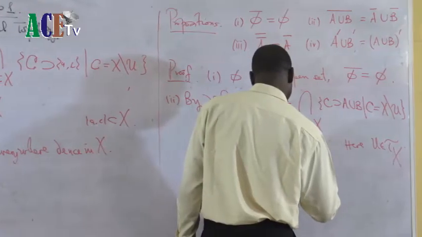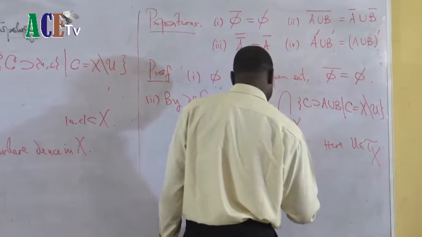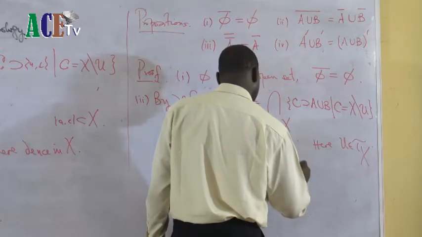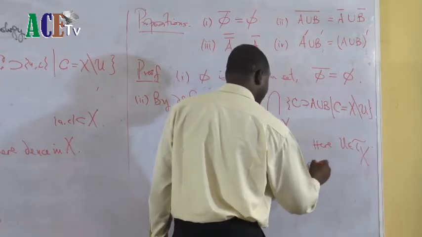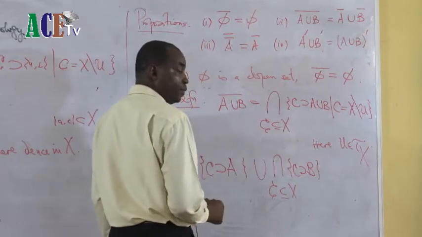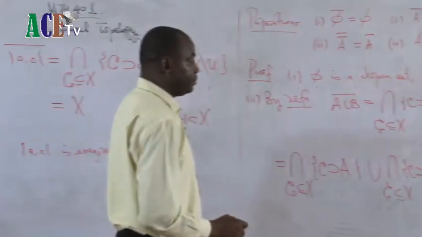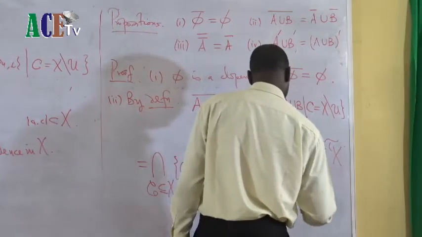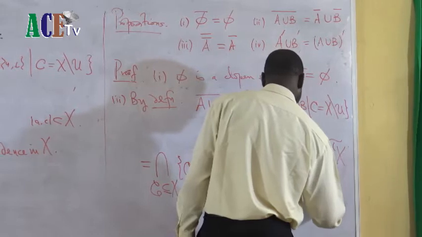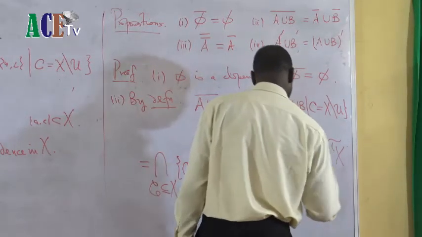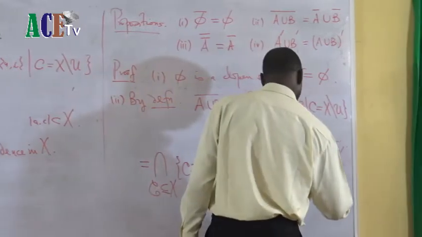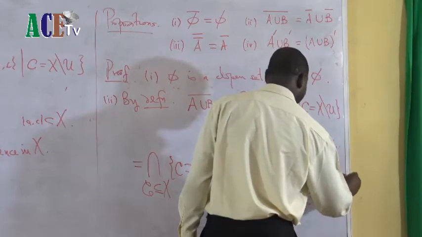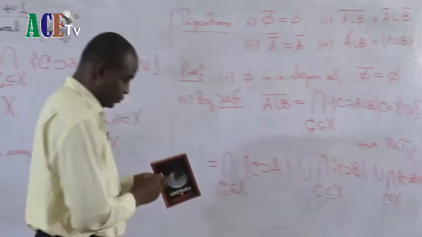So you have the intersection over C contained in X, of C containing B, or the intersection over C again, contained in X, where C contains A intersects B. Good.